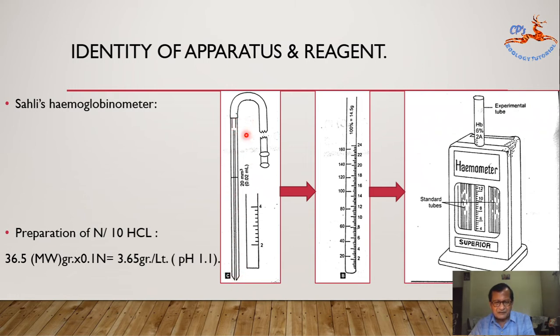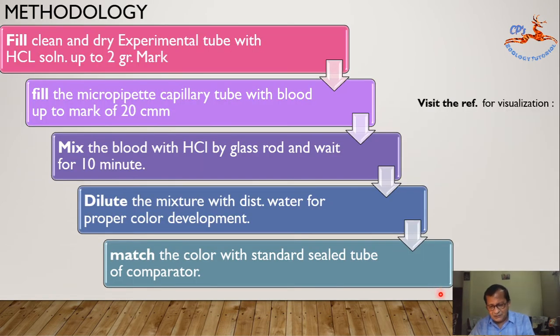It is glass made. At the back side it is the rubber tube, and this is the mouthpiece. Now, how do we function with this element? Extra to this we require the glass stirrer and the dropper.